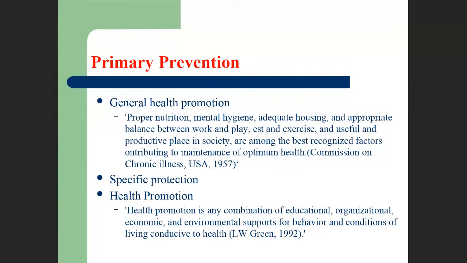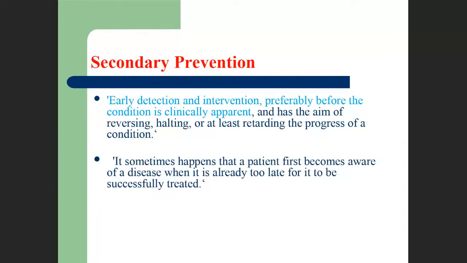طيب the second one is secondary prevention. Secondary prevention, early detection and intervention before the condition is clinically apparent. What does that mean? So in secondary prevention, are there symptoms and signs in the patient or not? So they are asymptomatic. Okay. أشهر مثال screening. ممتاز.